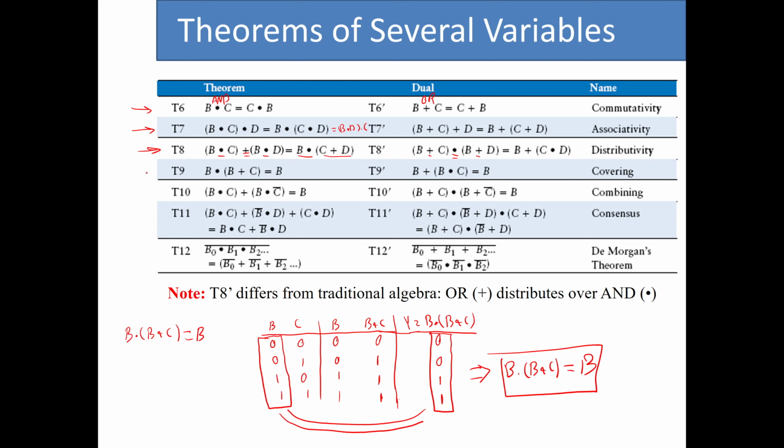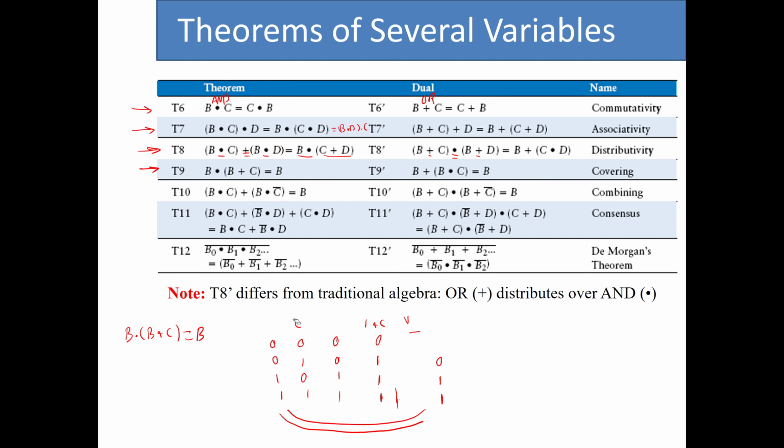So we talked about T9 as well. What about T10? T10 is called the combining theorem. Let's just go through the proof of this one as well, just so you know how this can be done for each one of these.